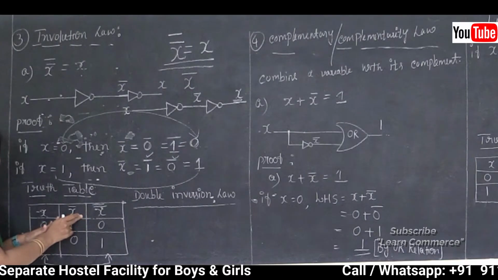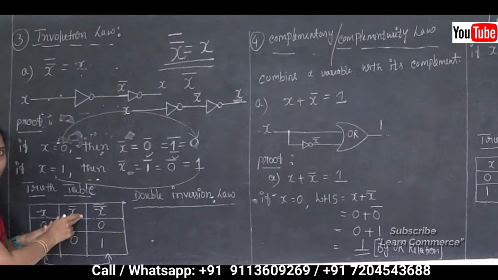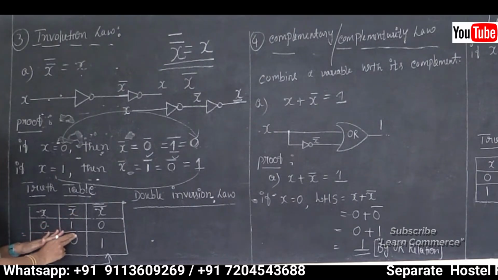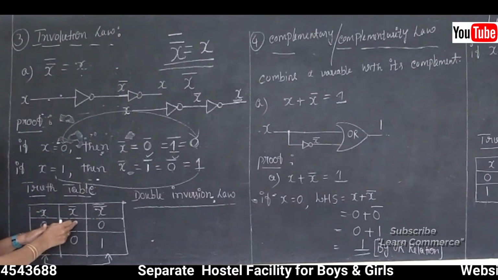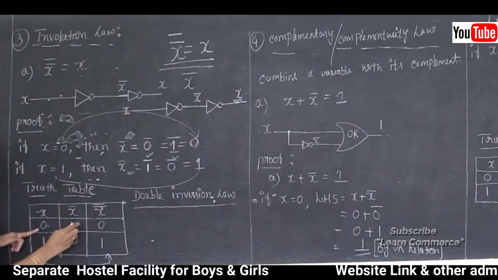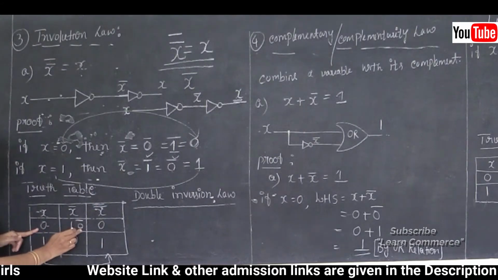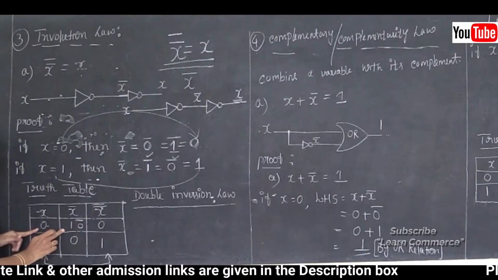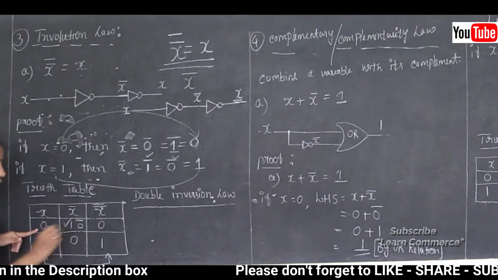What's the heading of the second column? The second column heading is the complement of x, so the second column consists of the complement of x. We need to use the complement of 0. What answer will we get if we use not false? Not false, the value is equal to 1.